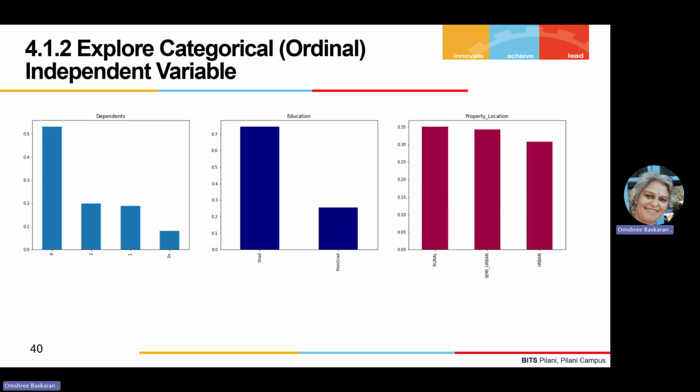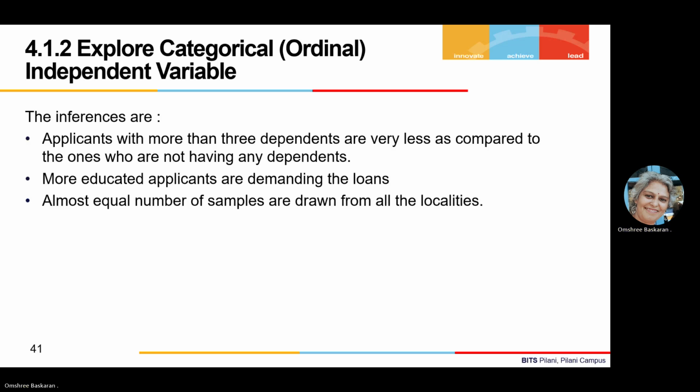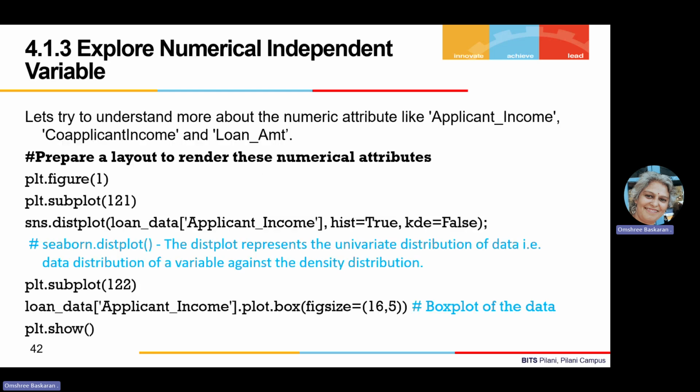Again, same count plots or histograms, right? Check how the visuals are, see what kind of samples you have, and infer what you see in the visuals. Moving on to the numerical independent variables like the applicant income, co-applicant income, and the loan amount.